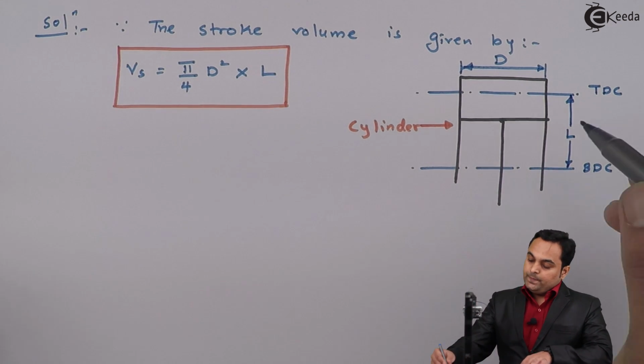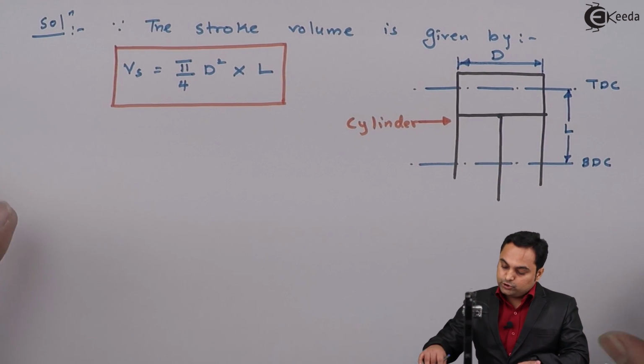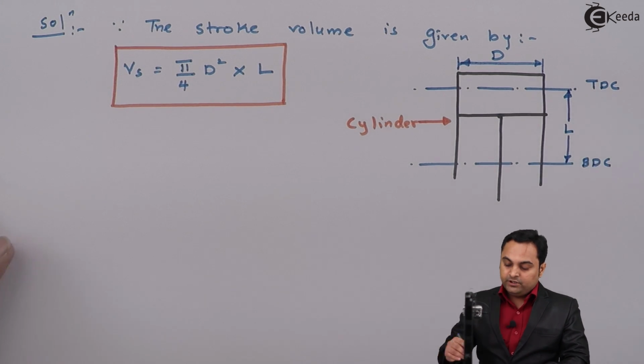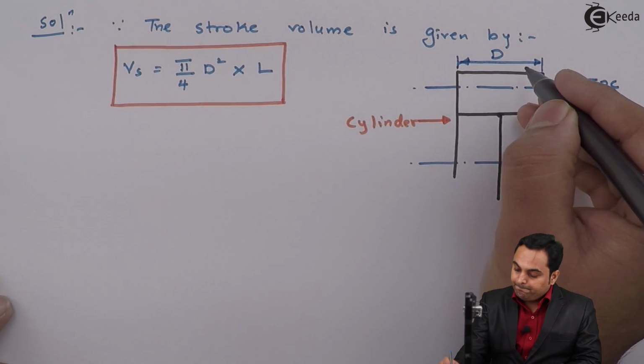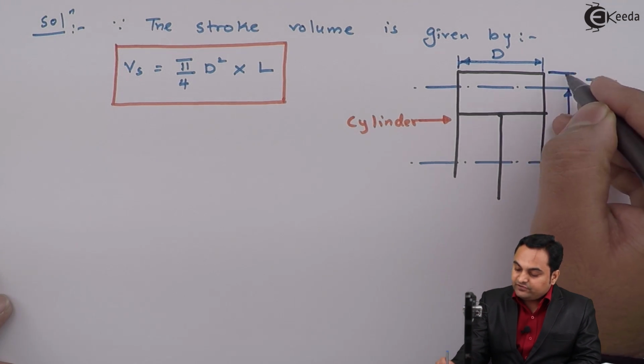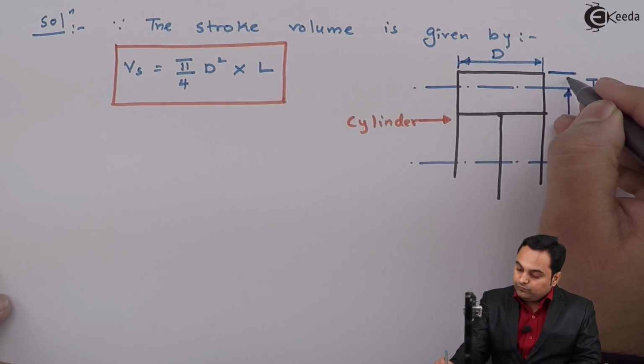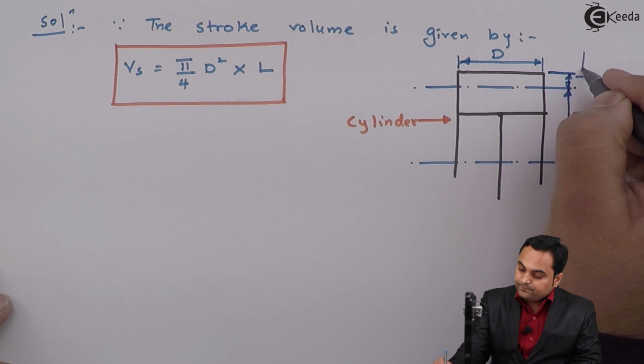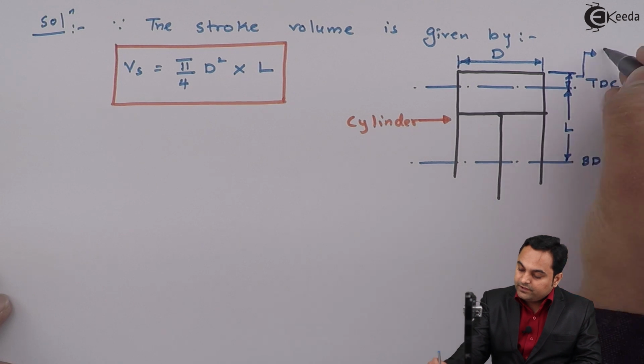So this gives us the stroke volume, and whatever remains above TDC, that portion, would be called the clearance volume.